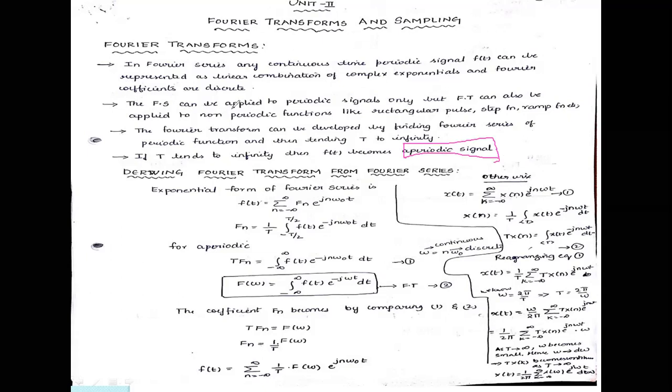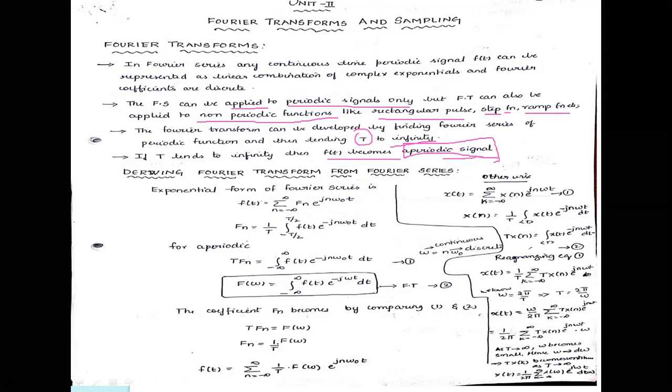So once again, what is the Fourier series and what is the Fourier transform? The Fourier series can be applied to periodic signals only. But the Fourier transform can also be applied to non-periodic functions like rectangular pulse, step, ramp, etc. It is developed by finding the Fourier series of a periodic function and then tending T to infinity, so f of t becomes aperiodic.